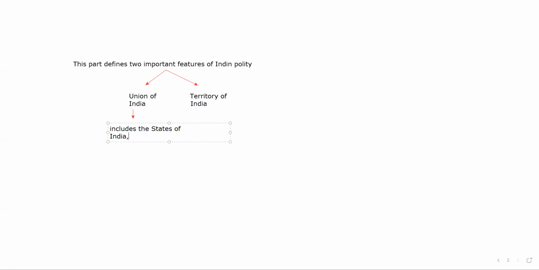That is, the members of the Indian Federation, the members of the federal system of India. So it contains this. And the second feature is the Territory of India.